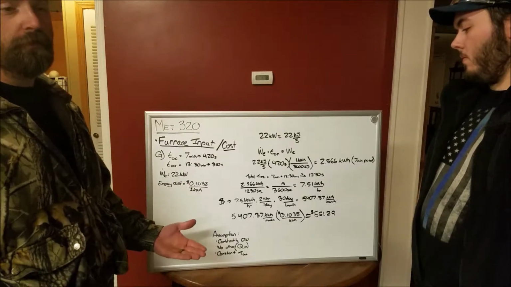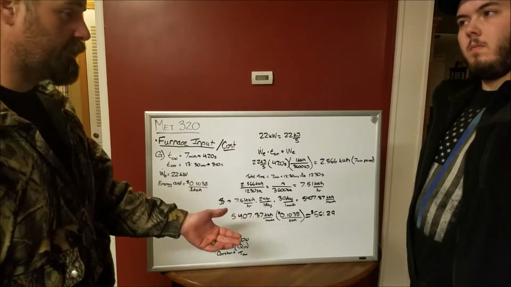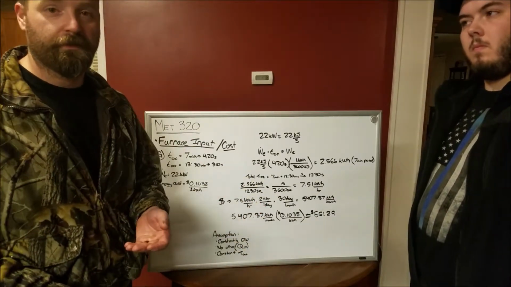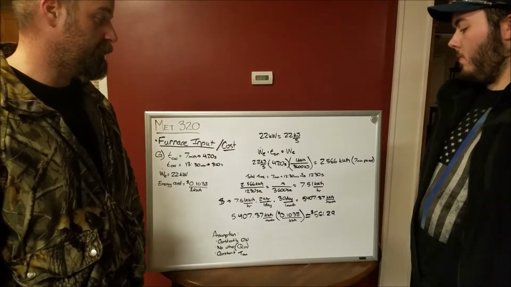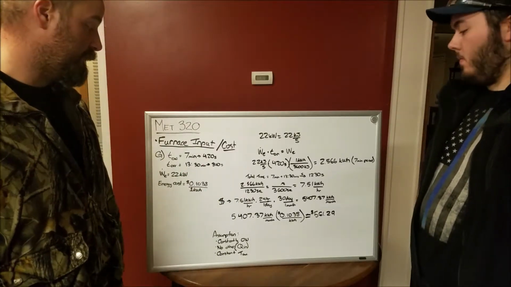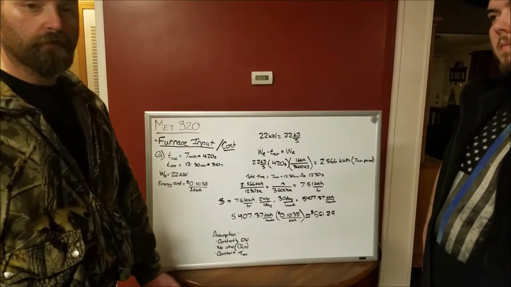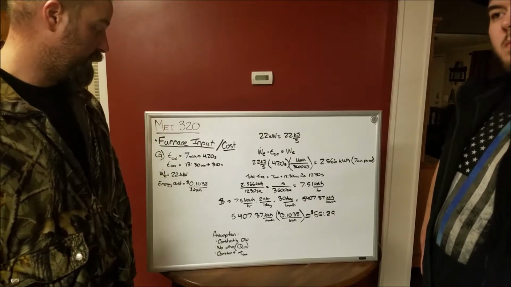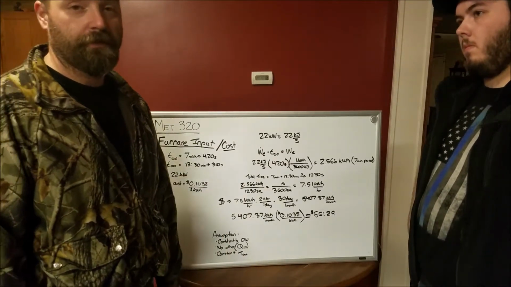If it was constantly 32 degrees outside and we ran it constantly at 70 degrees, we would end up using 5,407 kilowatt hours per month. Again, this is assuming it's constantly on, there are no other inputs going into the home, and the temperature is constantly 32 degrees outside.